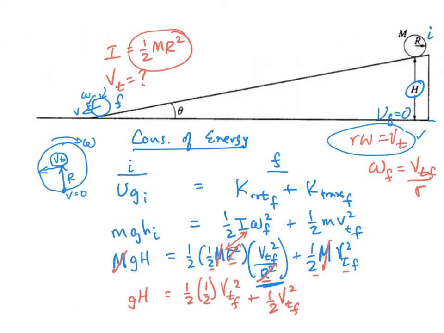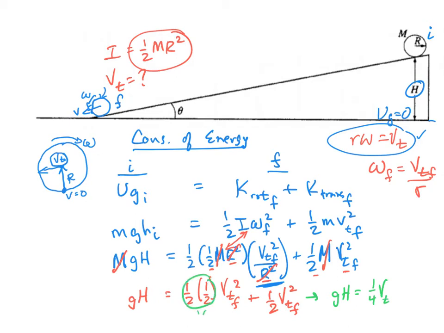So I'm going to have to find more space here. I'm going to shrink this down a little bit if I can. No, I can't. It's going to be a mess if I try that. Okay, so I'll just squeeze it in down there at the bottom. Moving over here, I'm going to combine these terms. I get GH equals 1/4 VTF. Well, actually, let's just add that up.